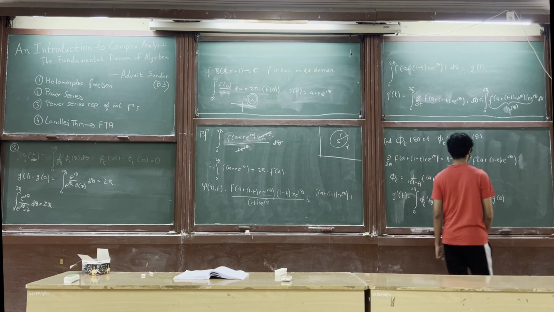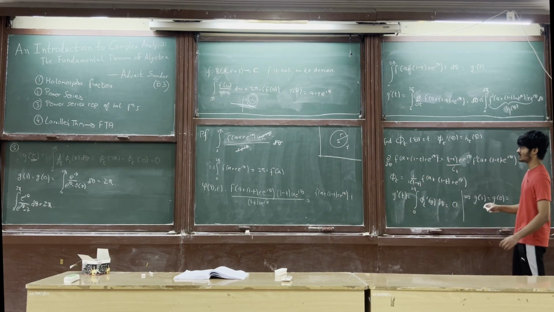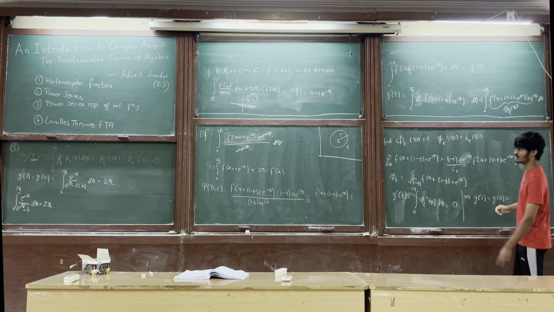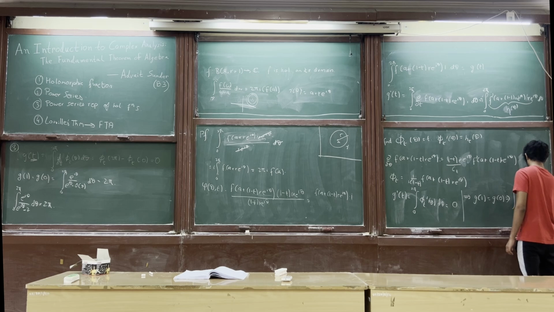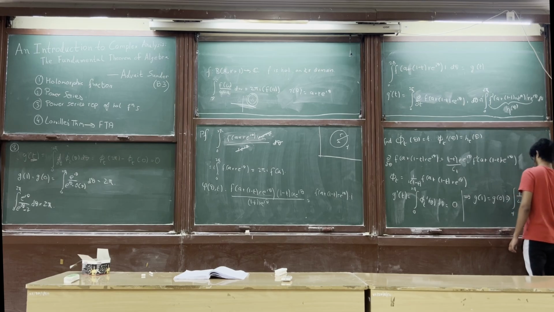So without going through the explicit computation, in the interest of saving time, we just say that the integral over gamma will be defined to be f of a times 2 pi I.